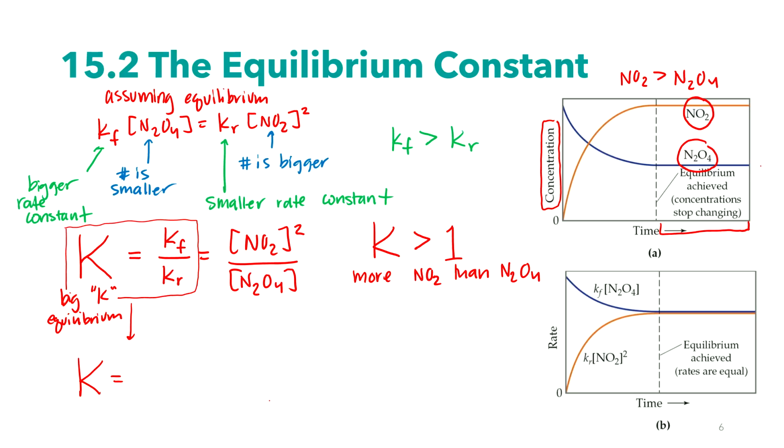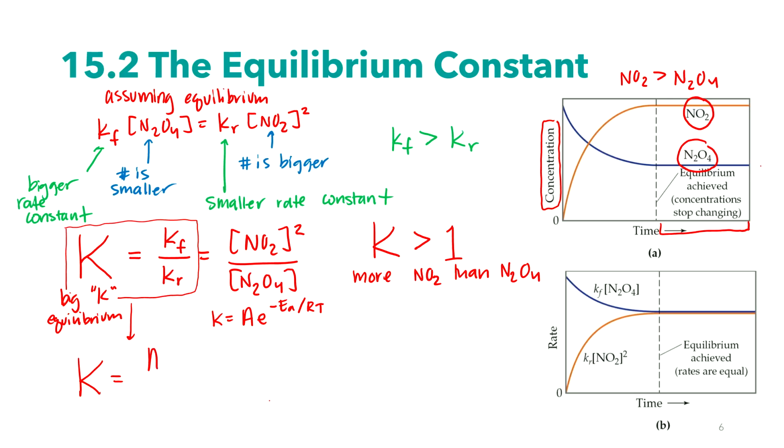And now I'm going to remind you, hopefully this hasn't gone away, that a rate constant equals, per Arrhenius's equation, A times e to the negative Ea divided by RT. So I'm going to put those definitions in for my rate constants.